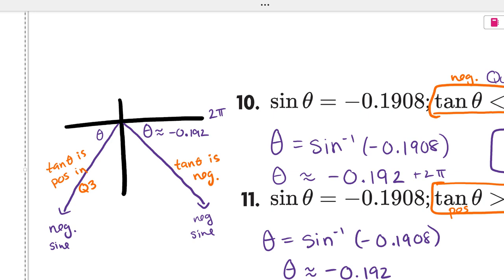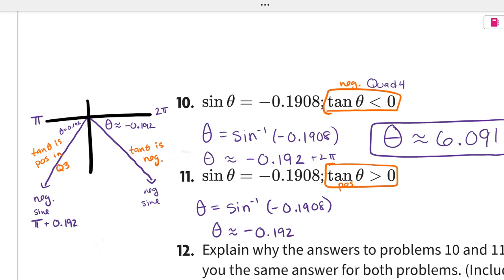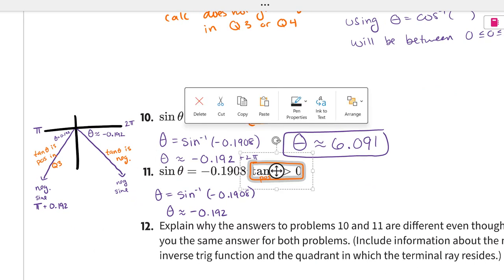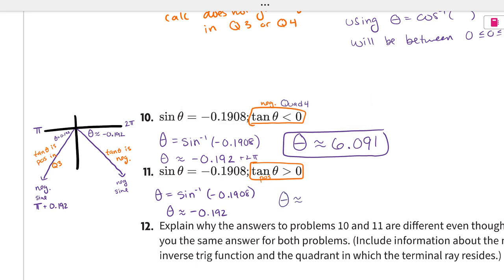Well, we can actually use the positive version of that number. If we know this is pi, this is going to be pi plus 0.192 because we're that much further. So what we really want to think is theta equals pi plus 0.192. So let's go ahead and do that in our calculators.